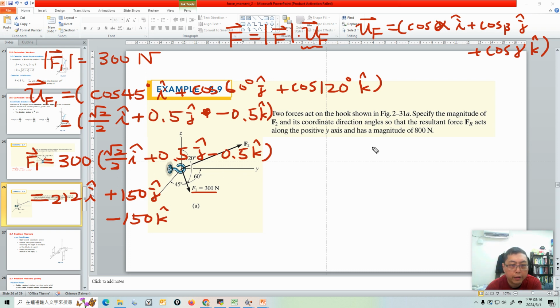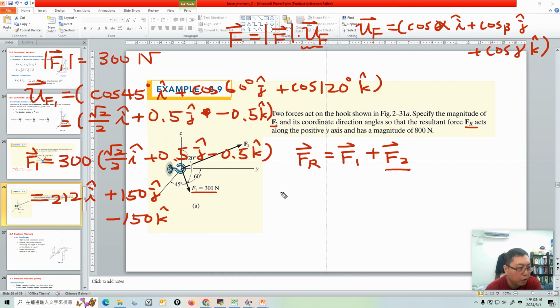He said you want to determine F2, and gives the information of the resultant force. Based on the resulting force vector and the F1 force vector, you can determine the F2 force vector.